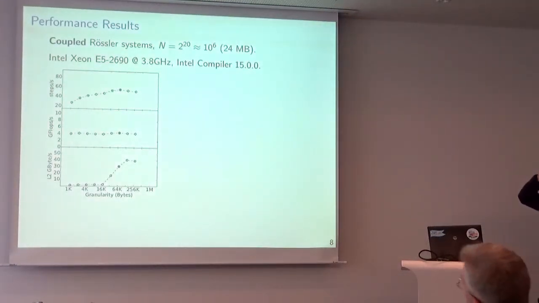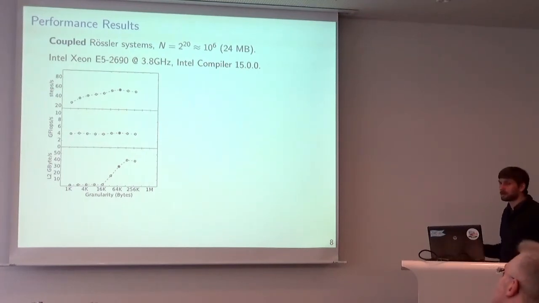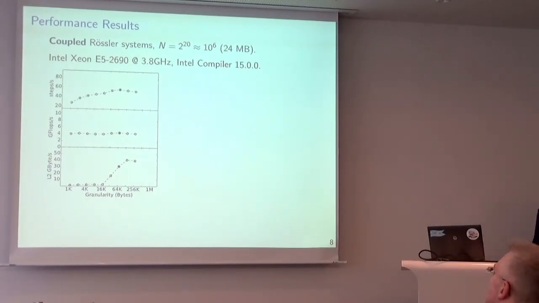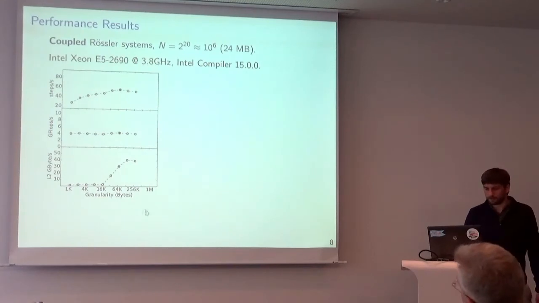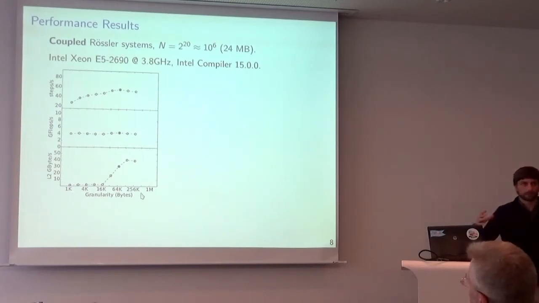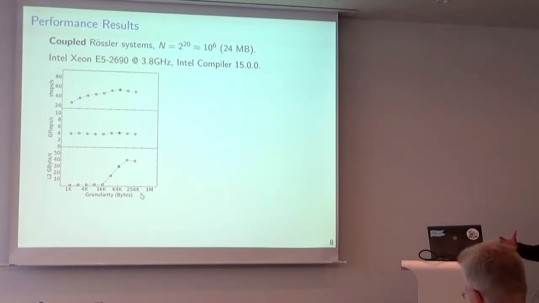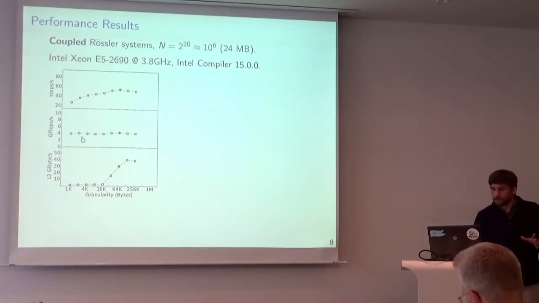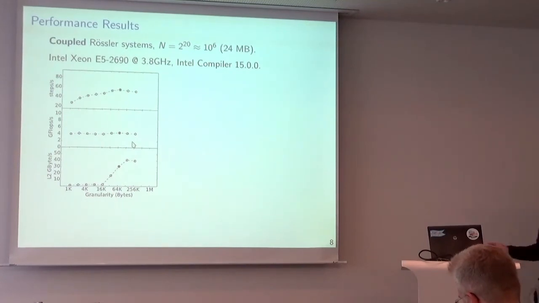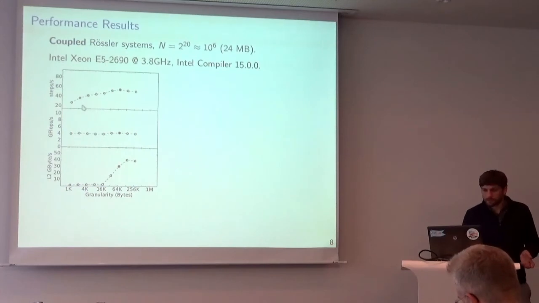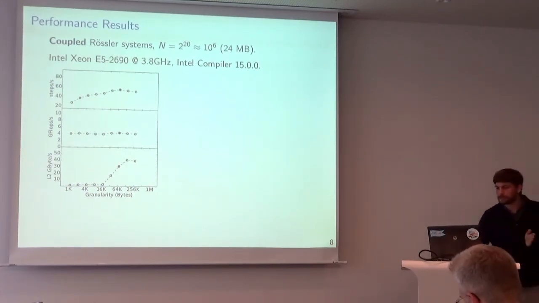The first thing I want to find out is what the best granularity is. So I do several runs for different sizes of my clusters, and as you can see, the gigaflops per second are not very impressive at this granularity size here.